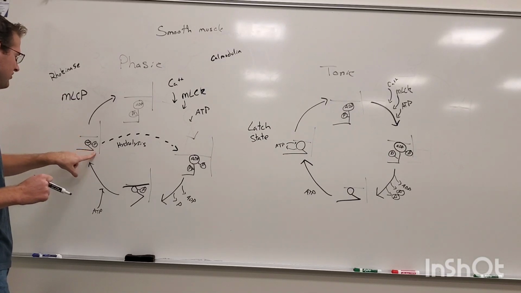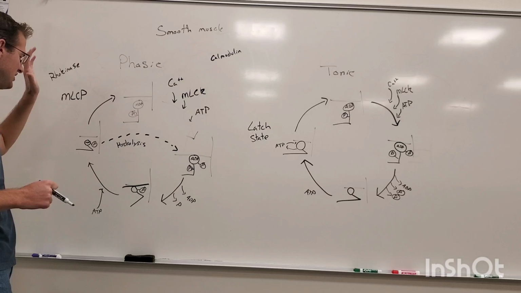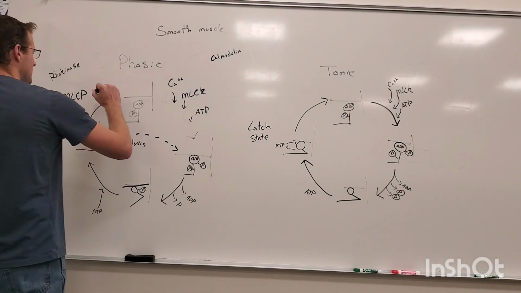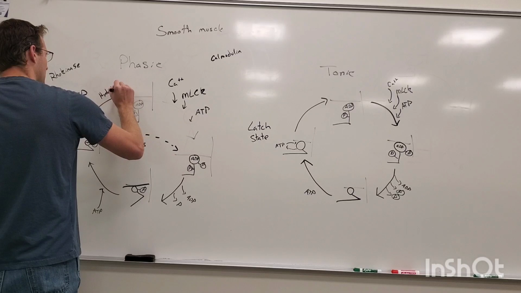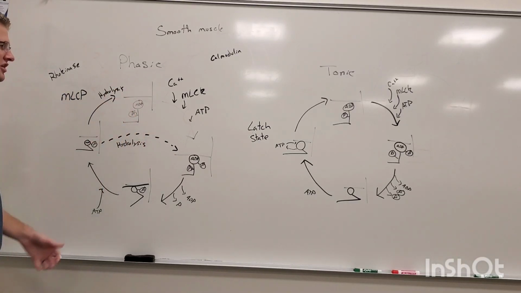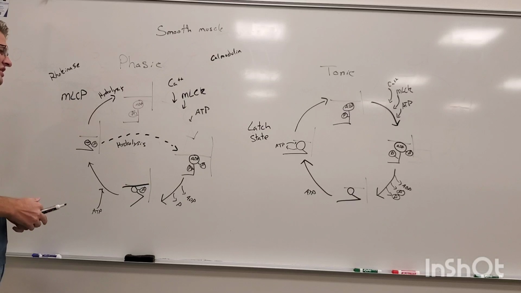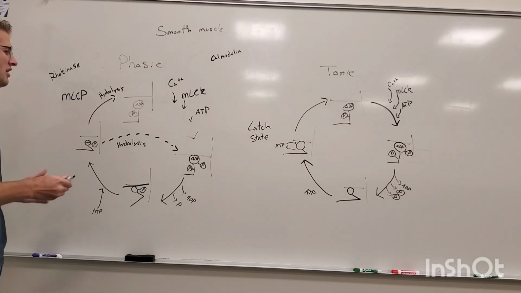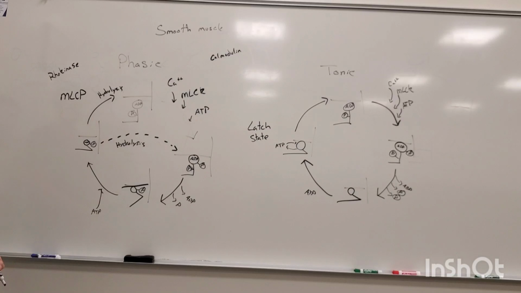If it cleaves off the phosphate, then we have to start all over again. So we'll come back up here with the ADP and the phosphate. You'll have hydrolysis up here. And then you'll have to start with the calcium, calmodulin, MLCK, ATP to get to your second step. And that's the phasic smooth muscle contraction.